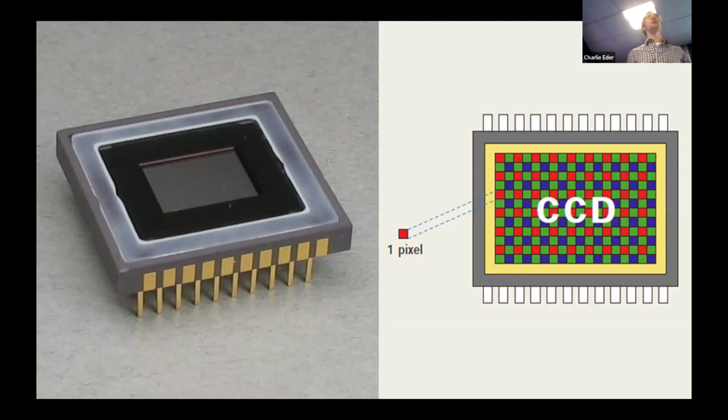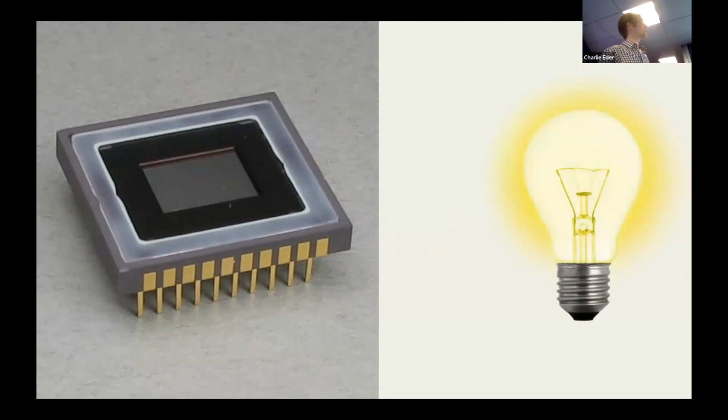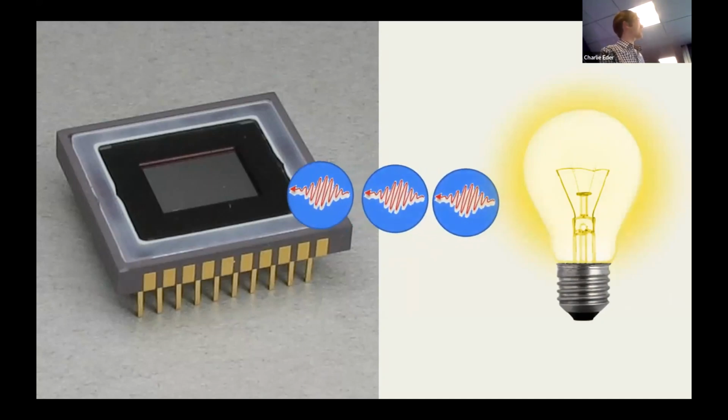And underneath each pixel is a capacitor, a photosensitive capacitor, meaning that when light hits those capacitors, as a photon strikes them, some semiconductor material will emit an electron. And the more photons that hit one of those capacitors, the more electrons get emitted, the stronger the current you get in each of those capacitors.